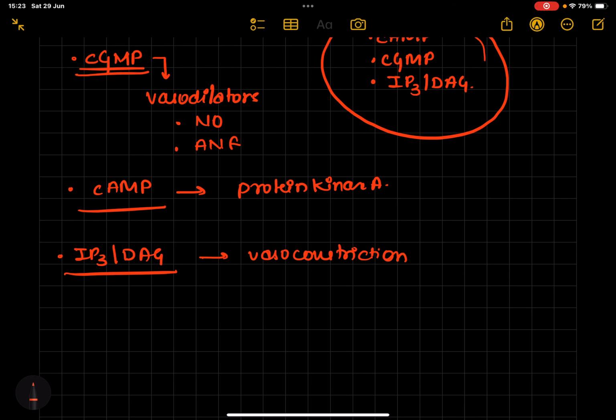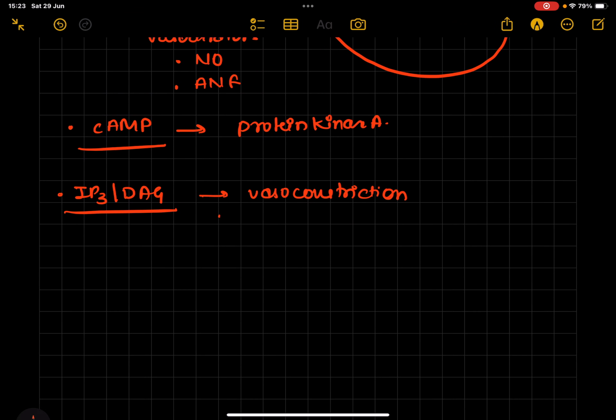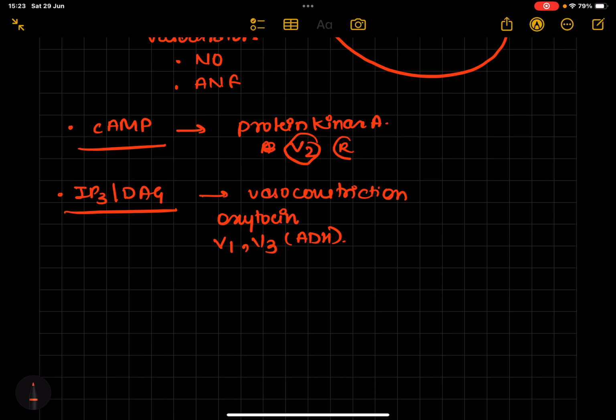So what are the hormones that act through IP3 DAG? Like oxytocin and V1 and V3, which are antidiuretic hormone receptors. And through cAMP, the V2 receptor acts.